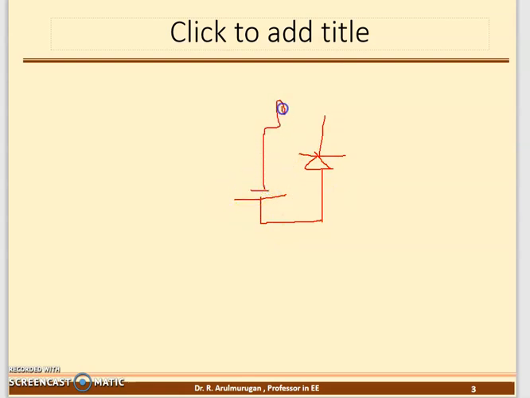Through that, you have connected a lamp. Power flows from the anode. Suppose I give a source of 50 volts. What will happen? The diode takes a drop of around 1 volt and gives 49 volts to the lamp, closing the circuit.